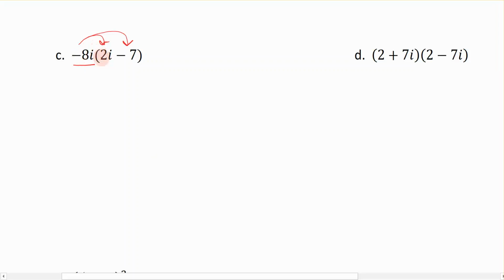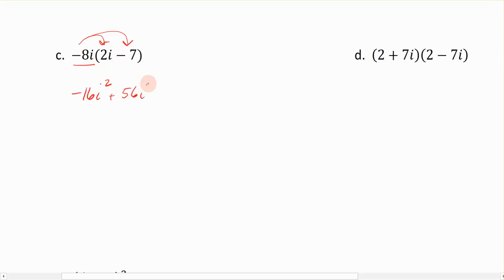Both of those coefficients, we're going to call them, both of those numbers, -8 and 2, are the real numbers, so to speak, and we are going to multiply those two numbers together to get a -16i squared. Now we're going to multiply the -8 times a -7, because those are both kind of the same thing, and we end up with a positive 56i.